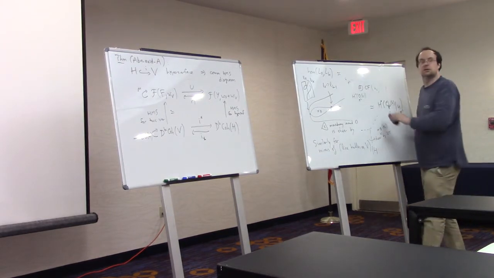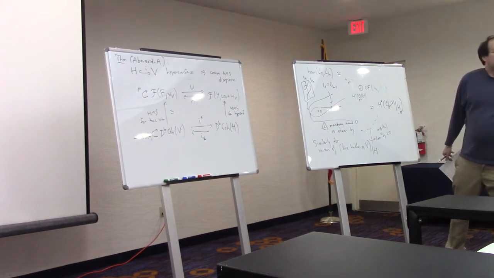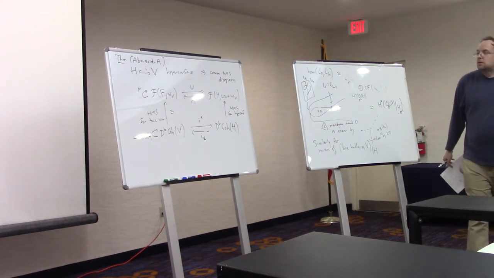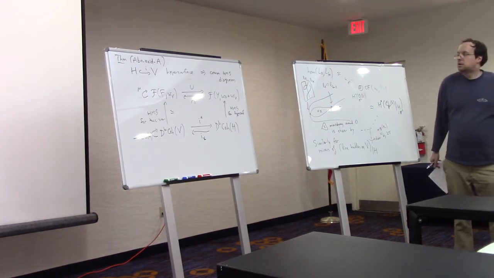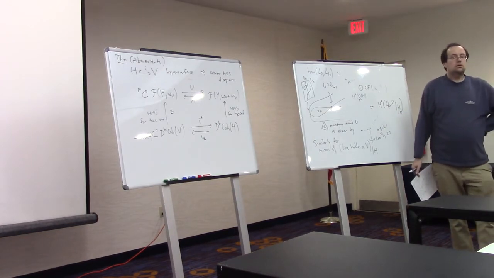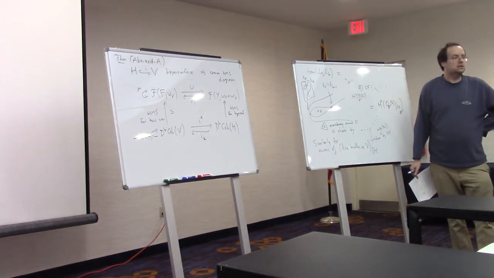Sorry, yes? You said that the restrictions of ambient line bundles generate? Yes, I think they should. Well, at least in the projective case, they will, because you will have ample bundles in there.